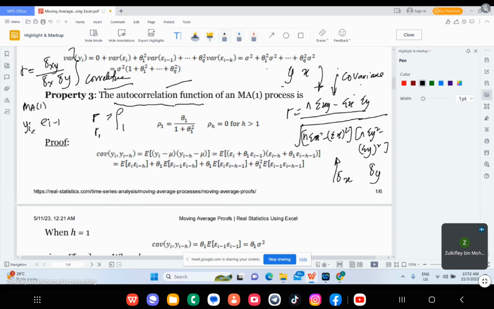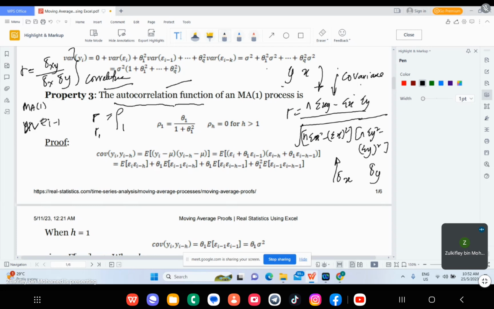So the autocorrelation of this function is a covariance of Yi and Yi minus 1.